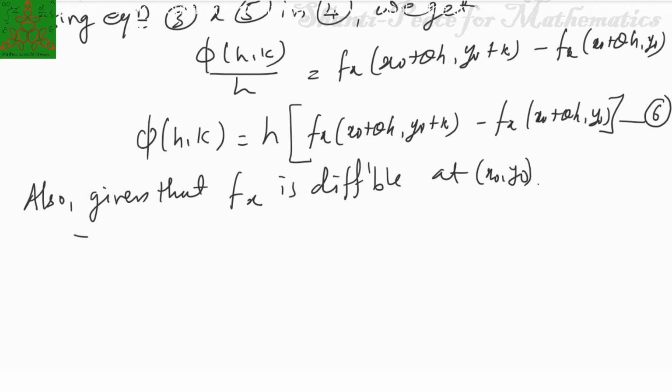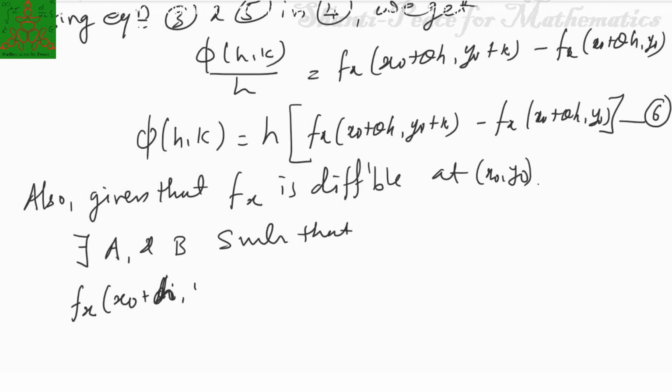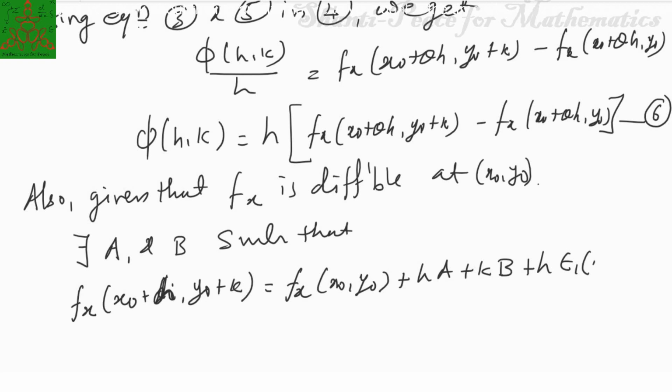As per the definition we can say that there exist some functions a and b such that f_x at (x0 plus h, y0 plus k) equals f_x at (x0, y0) plus h into a plus k into b plus h into epsilon 1 of hk plus k into epsilon 2 of hk, where epsilon 1 and epsilon 2 tend to 0 as (h, k) tends to 0.